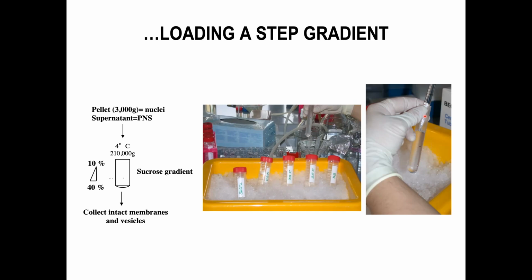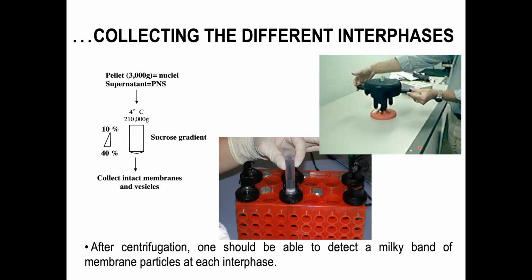Usually, when you have sufficient amounts, and in the lower areas of the gradient, you will see a milky interface. And the milky interface is generated by the membrane that's accumulated there. It's visible with the eye. However, when you have a smaller centrifugation tube and smaller amounts, it is helpful that you mark your tube from the side.